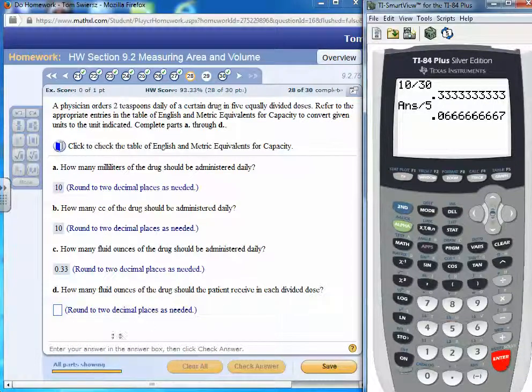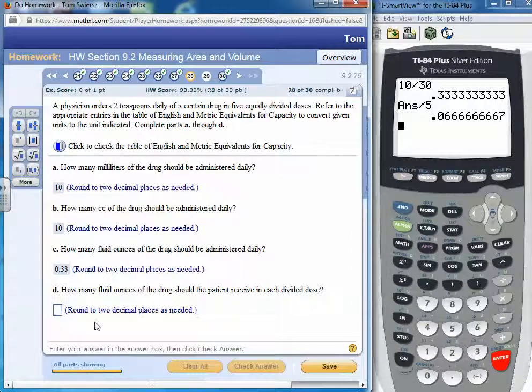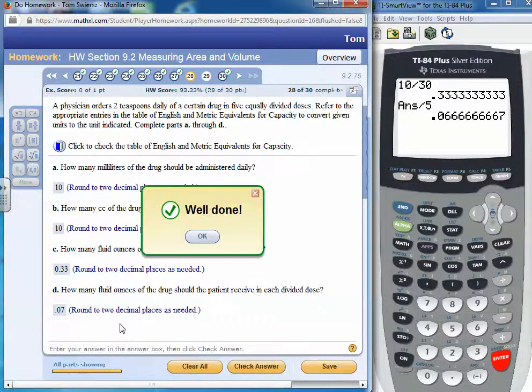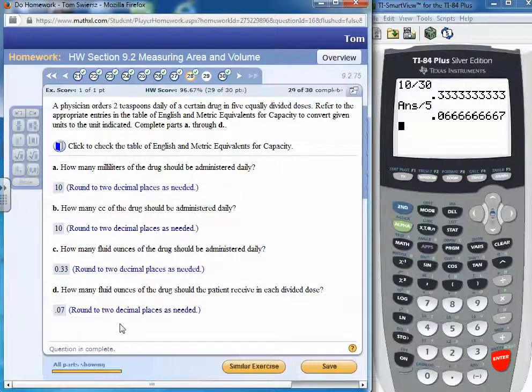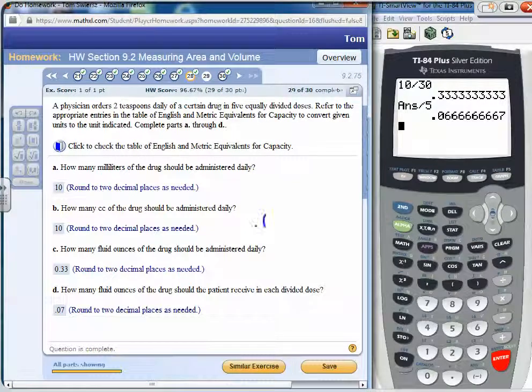To 2 decimal places, we're going to get 0.07. Notice there's a 0, so that still counts as a decimal. The number on the calculator is 0.066666, 2 decimal places. The third decimal is a 6, so we add 1 to the second decimal, making it 0.07, which was the correct answer. All right, very good.